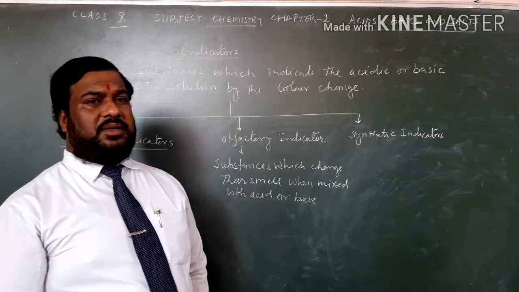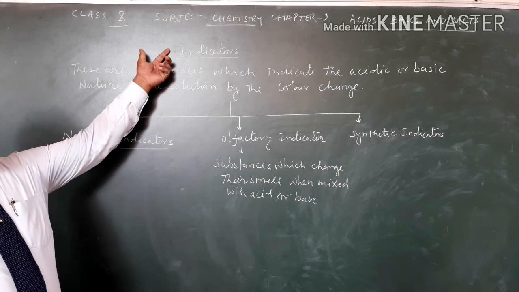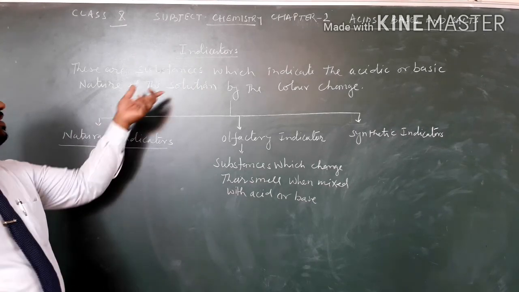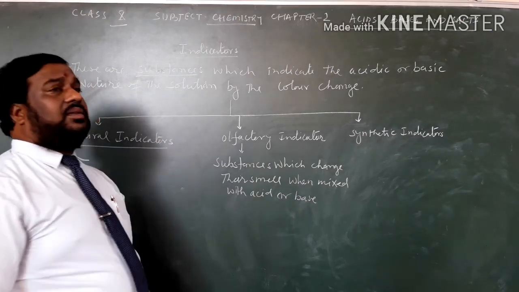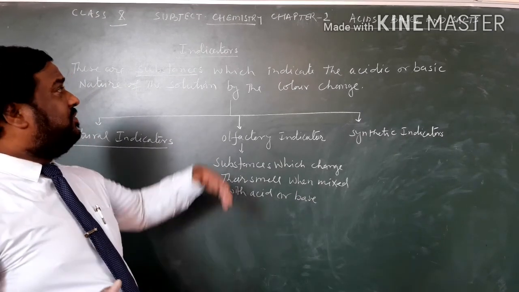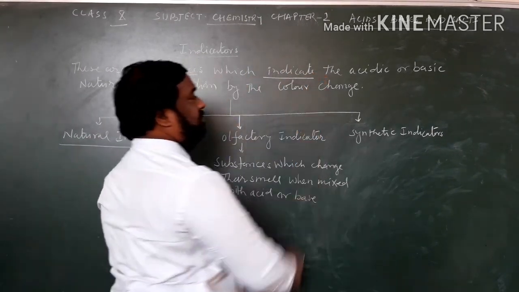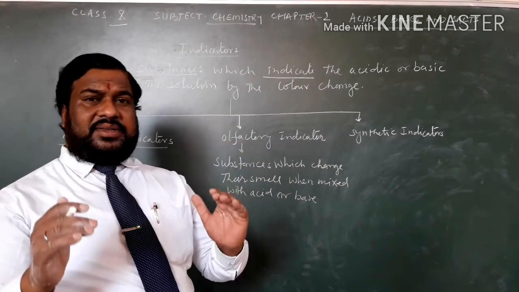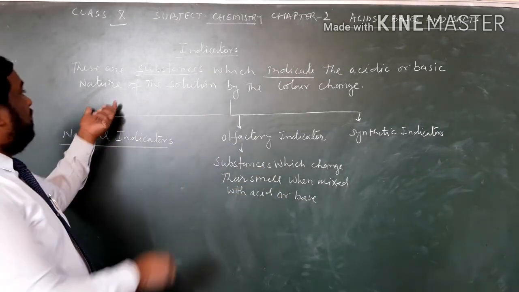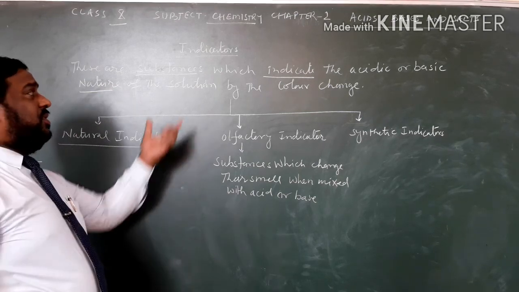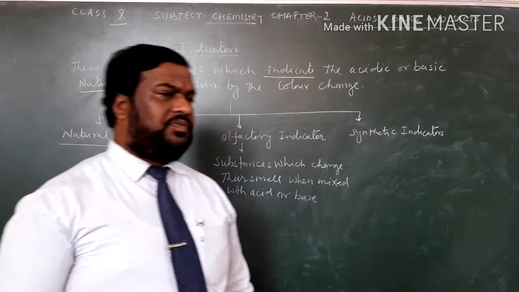Now student, here we have indicators. These are substances which indicate the acidic or basic nature of the solution by a color change.